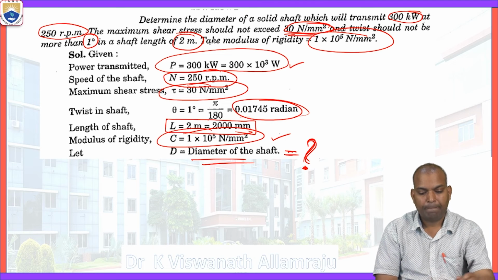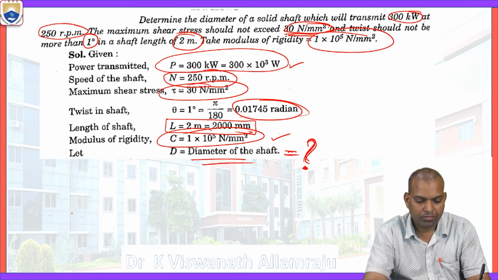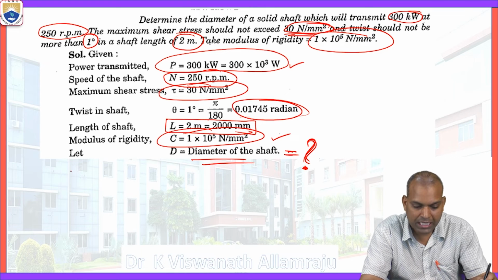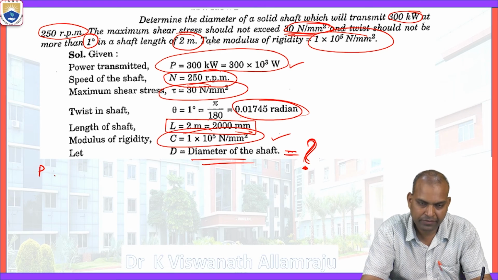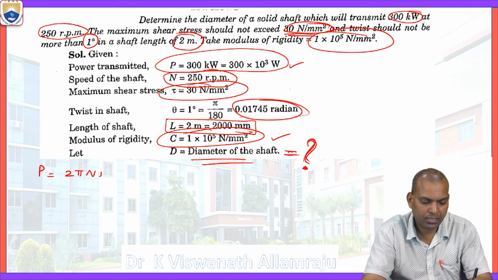Now here, how to start? The beginning: we have to find out the diameter of the shaft. First, we know the relations. Please write down the relations between power, torque and speed. That is power P equal to 2 pi N T by 60.